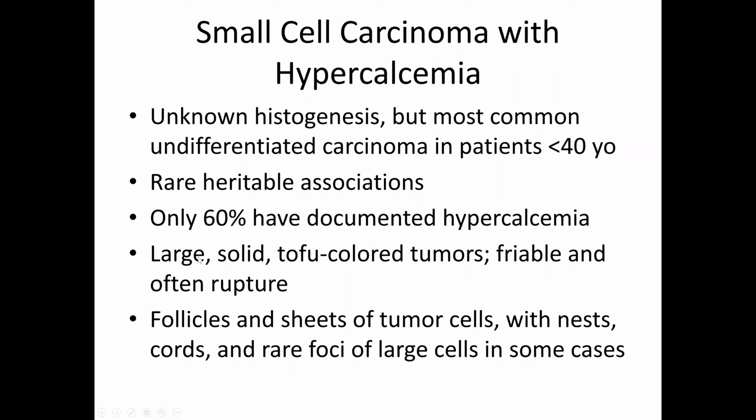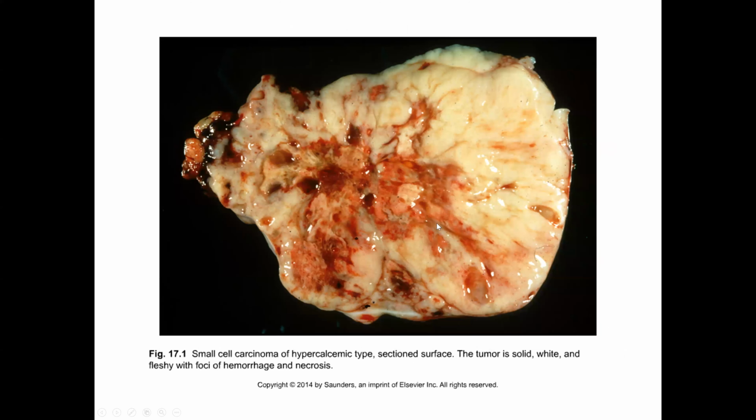And the tumors tend to be sort of large, solid, sort of creamy colored tumors, very friable, easily ruptured, and they may have follicles and sheets of tumors with nests or cords and occasionally some larger cells. So you can imagine from this that the appearance can raise the possibility of things like a juvenile granulosa cell tumor or adult type granulosa cell tumor and so forth. And here's this slightly lobular appearance, but you see a very soft, very friable fish flesh kind of appearance.